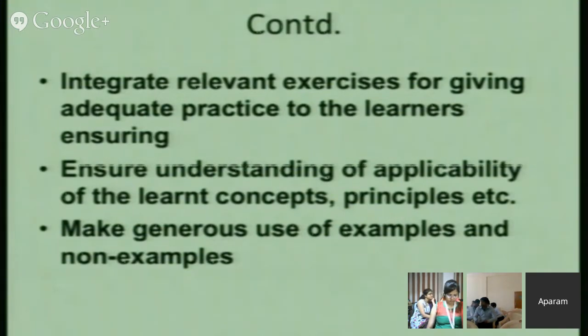And you should use examples and non-examples. So message must have component of examples and non-example. If you are teaching a principle, tell the situations where it is applicable, where it is not applicable. If you are giving an example of, say, right angle triangle, there is equilateral triangle, there is other triangles. So try to have examples as well as non-examples.